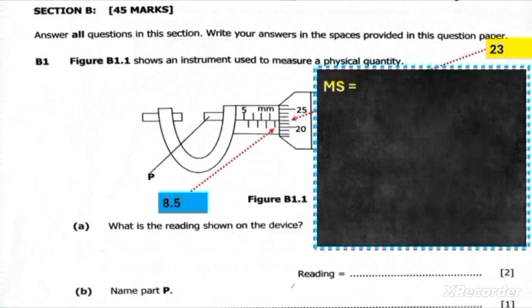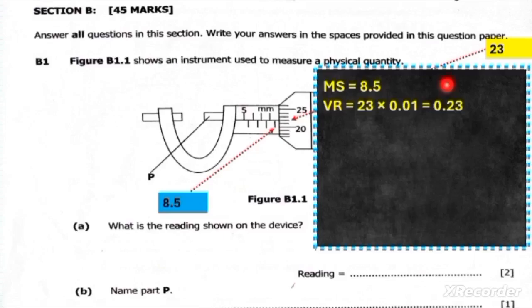So we are going to say main scale, which is the sleeve scale, is equal to 8.5. We also need to remember that on the thimble scale, we need to multiply the mark we have found, which is 22, by 0.01 millimeters. So thimble scale is equal to 22 times 0.01, and we get 0.22.